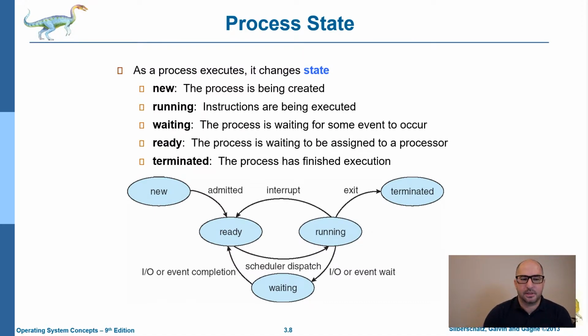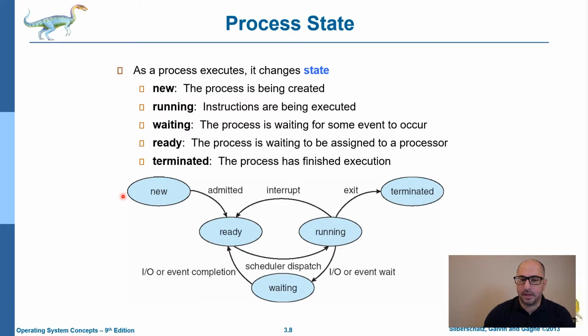So a process has a lifetime, and it goes from being a new process, being born, to dying as being terminated. When you request a new process to be executed, then it is in the new state. These states may all be enumerated on an operating system, or there may be more states available in your operating system.